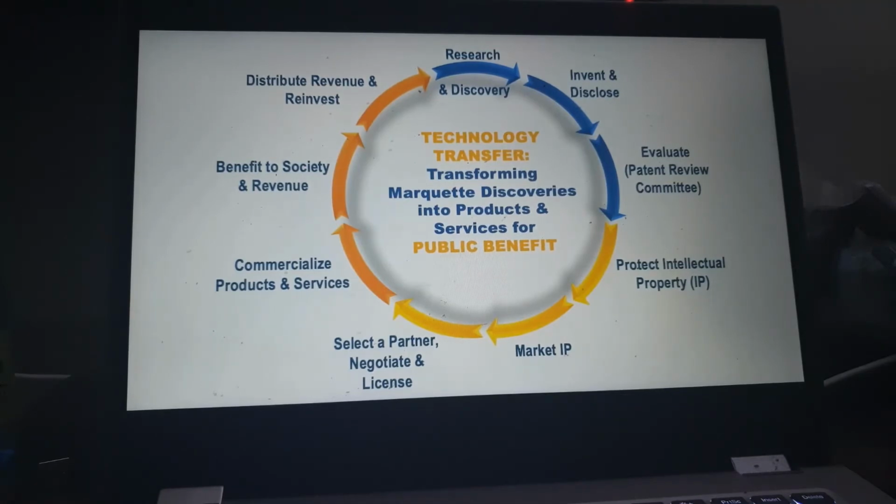Then you select a partner, negotiate and license. Then you commercialize the products or services, benefit to society or revenue, and of course, now the returns. So this, maybe, has just a few more stages.